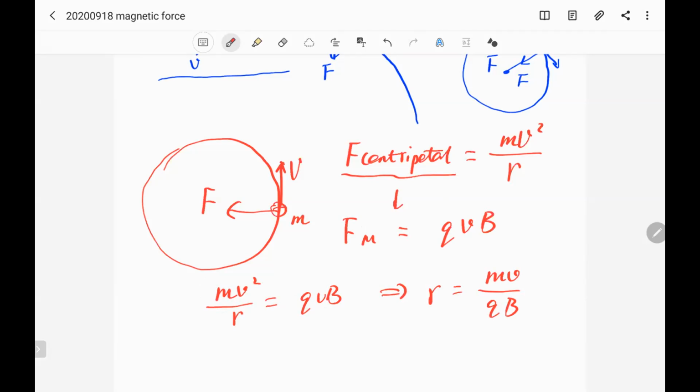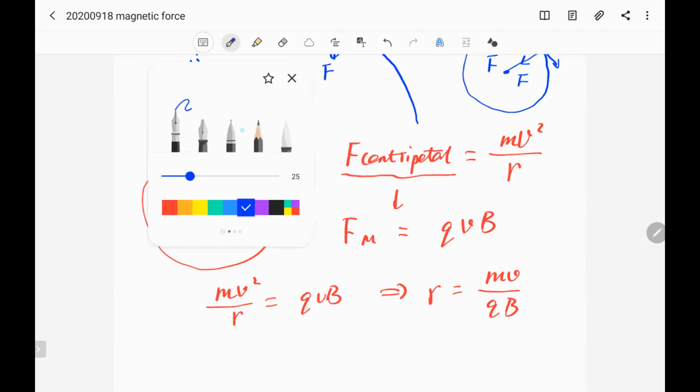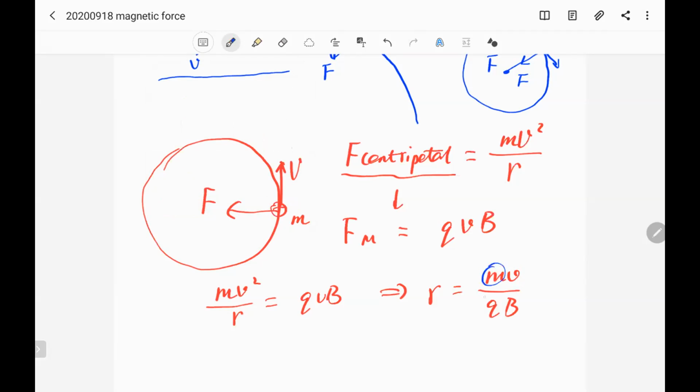So that means if we know the mass of the charge, and we know the value of the charge, and we can measure the speed, and if we can measure the magnetic field, then the radius can be determined. So this will be a constant and regular circular motion.